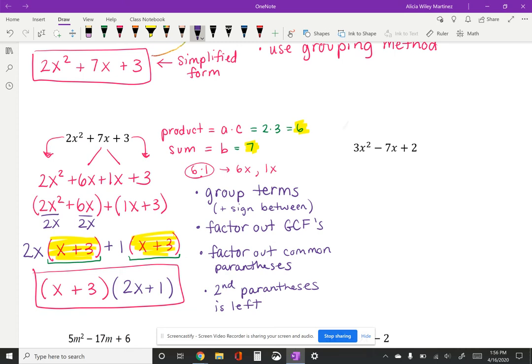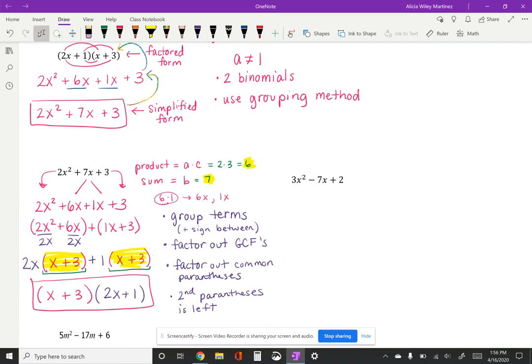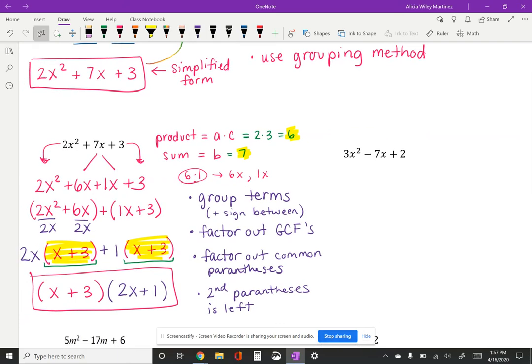Now let's compare that. I'm going to zoom in here to our original problem up here. If you see, our original problem was 2x plus 1 times x plus 3. I got those same exact parentheses here when I worked backwards. Remember, the order of your parentheses does not matter because the order of multiplication, even if you're multiplying parentheses, does not matter. The idea that 3 times 2 is the same as 2 times 3.